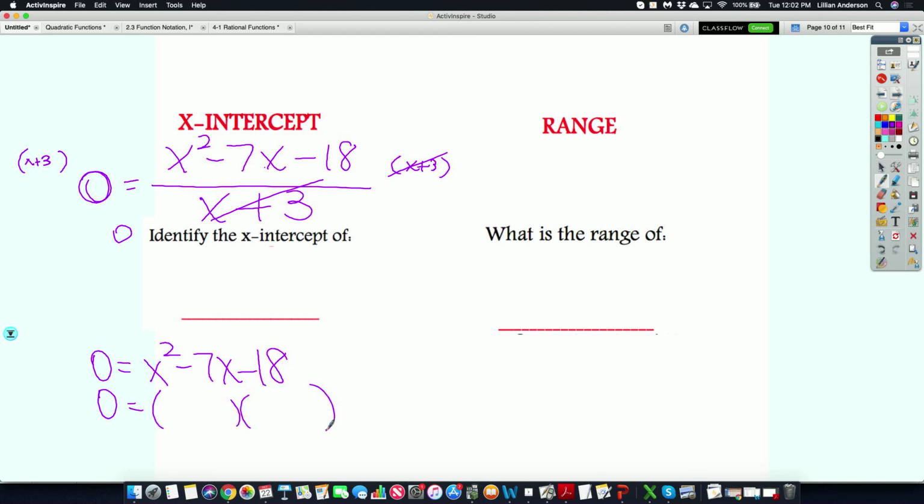This factors to what? So that means my x-intercepts are going to be where? And you want to make sure you write them as a coordinate.